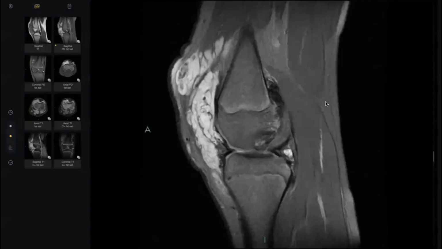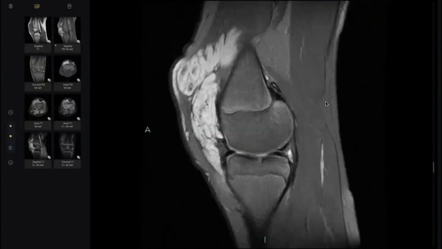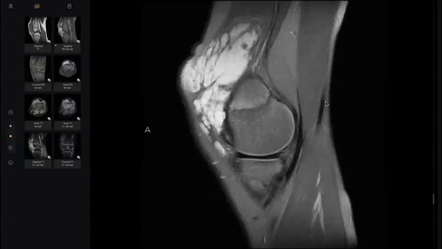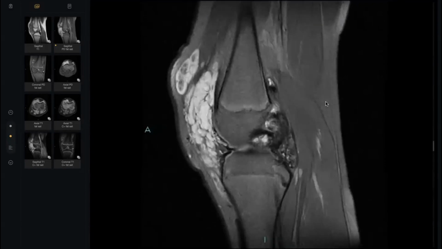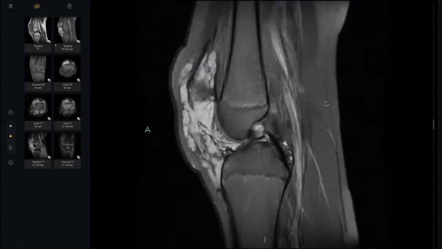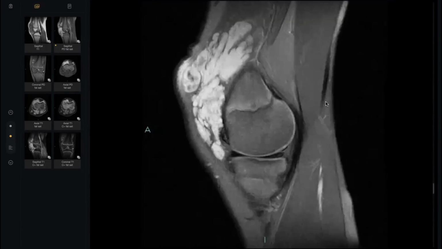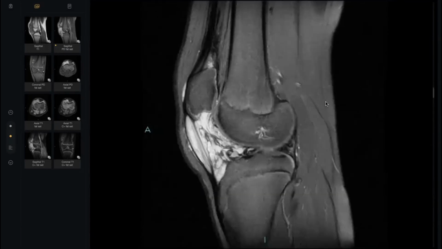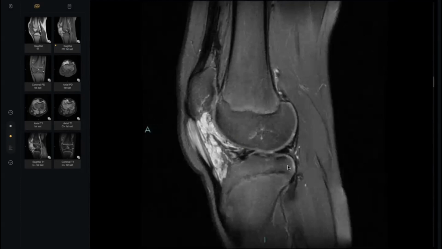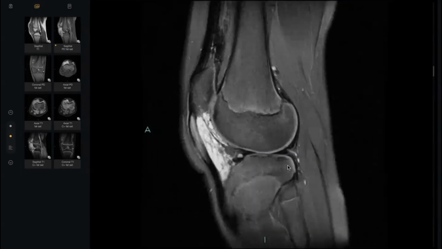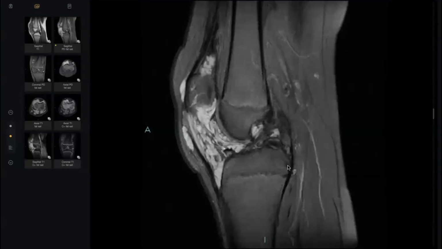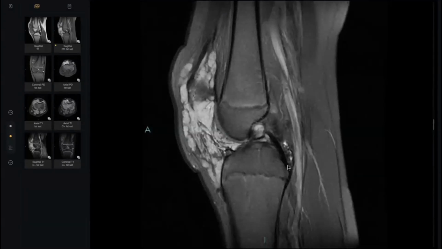I can see that there is a lobulated lesion seen in the suprapatellar and prepatellar regions, extending to the infrapatellar region, with internal septations.